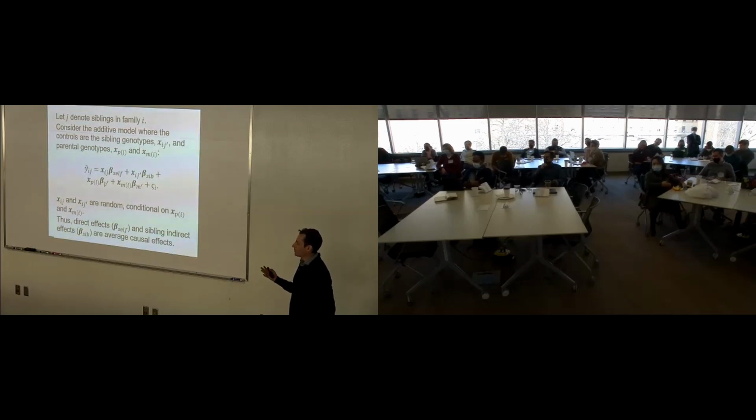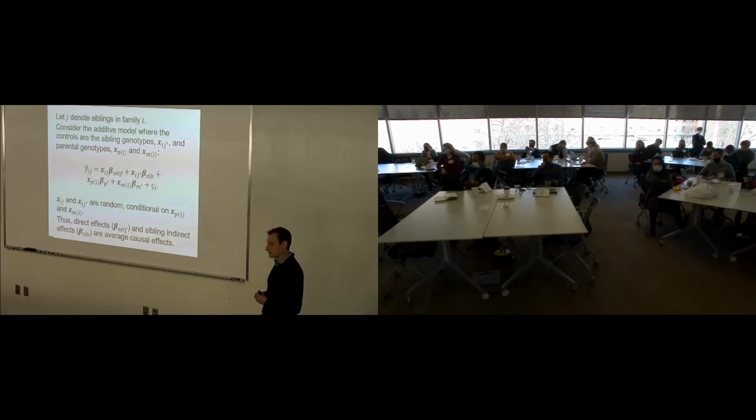Someone with a particular genotype may select into certain environments, and in those environments may be affected in ways that ultimately affect their educational attainment. And it was the environment that mattered, not ultimately the genotype. And the fact that the X's are random conditional on parental genotypes, I buy that. But that does not mean that they are uncorrelated with the Z, with the error.